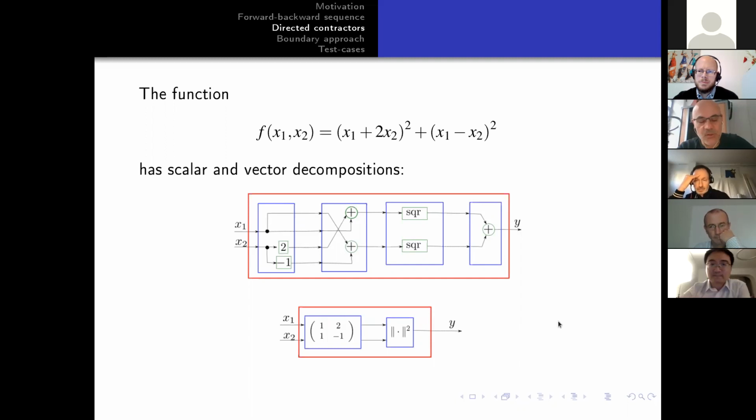But in practice, when we want to deal with a large dimensional problem, let's say the dimension of the state is 100, for instance, we do not want to use bisection. And in this case, we need redundancy. We need to have many measurements so that the contraction algorithm could work.